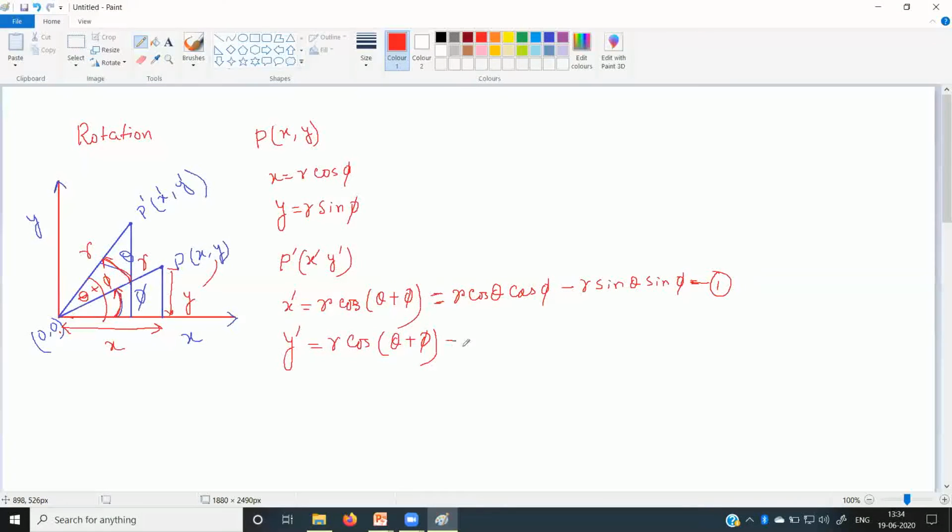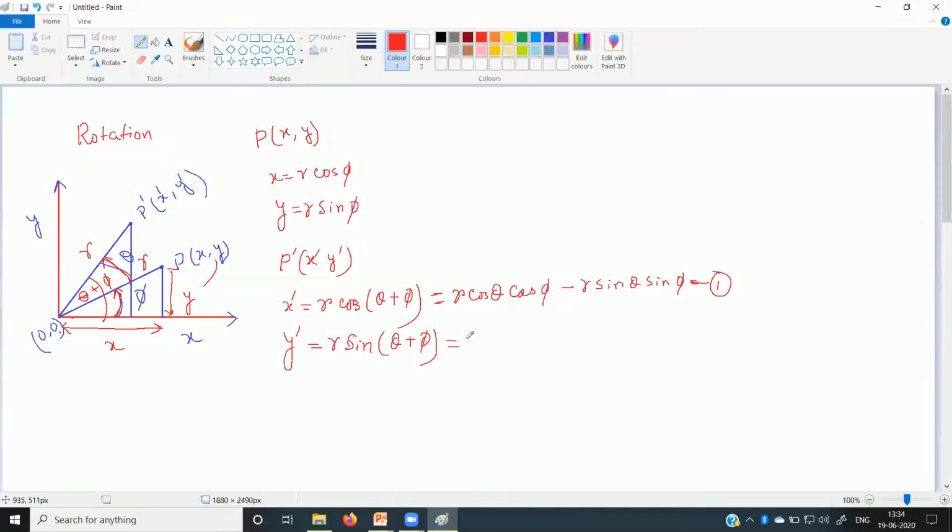Now here we also can write R, sorry, it will not be cos, it will be sin. So Y dash equals R sin(theta plus phi). What is sin(theta plus phi)?